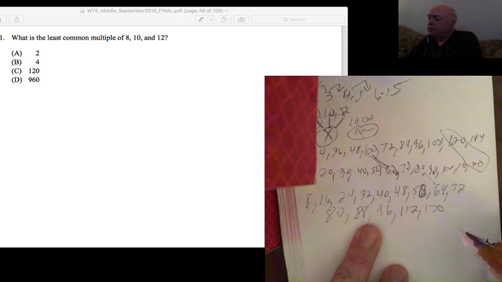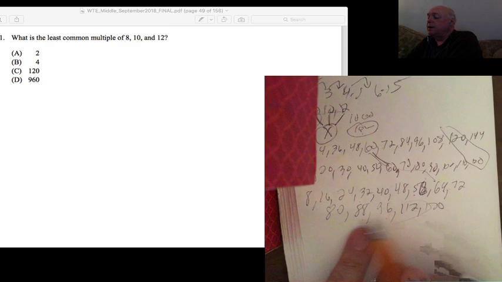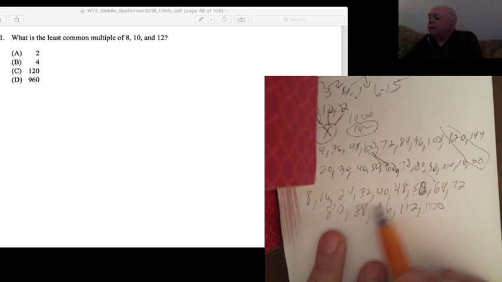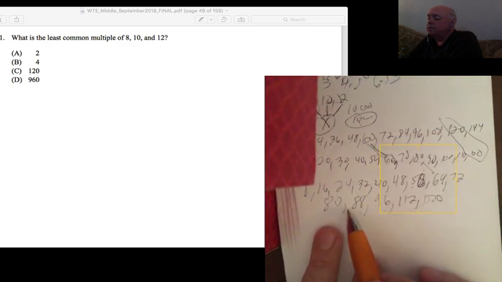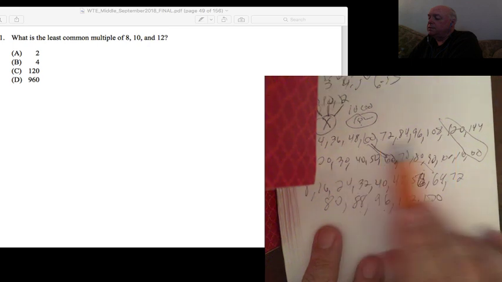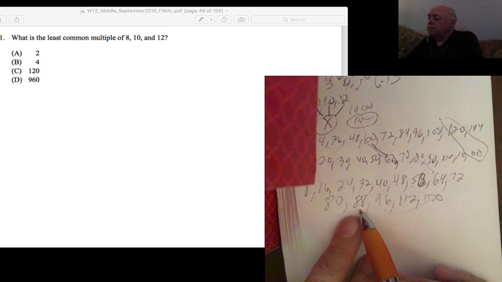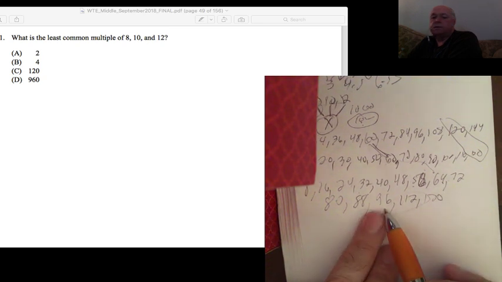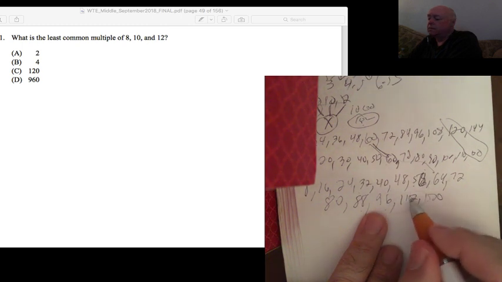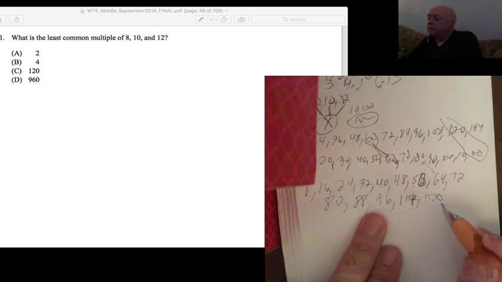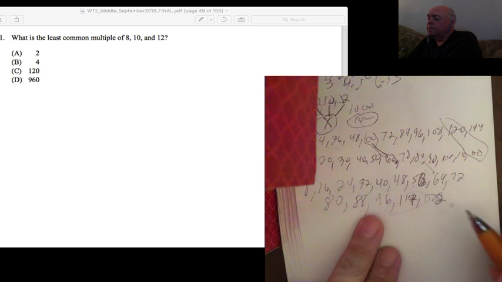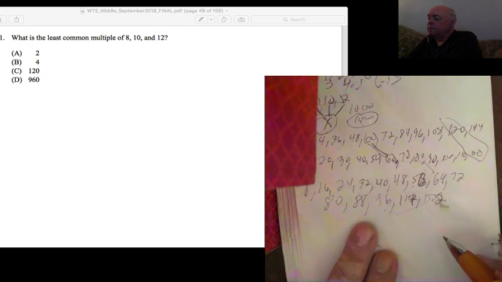And by the way, this is why these examples are good, because you have so many numbers you're throwing down that it is easy to make a mistake. 8, 16, 24, 32... 72, 80, 88, 96.